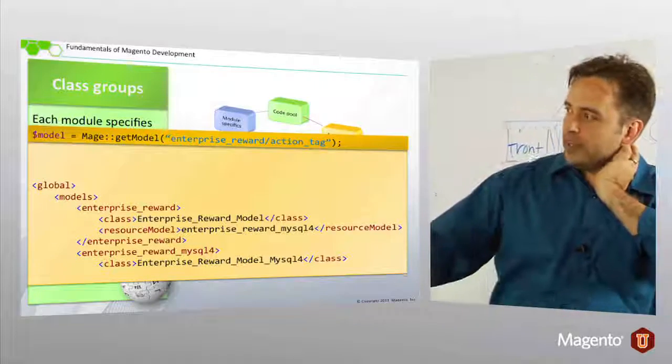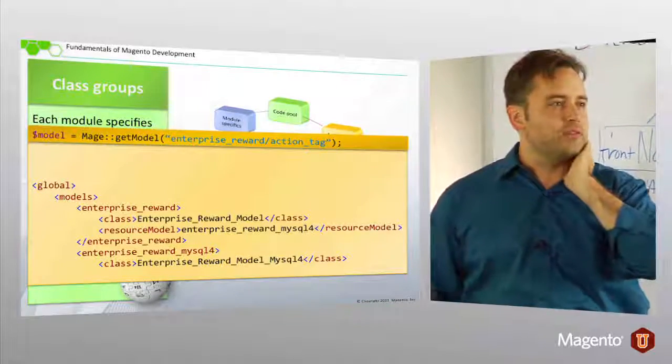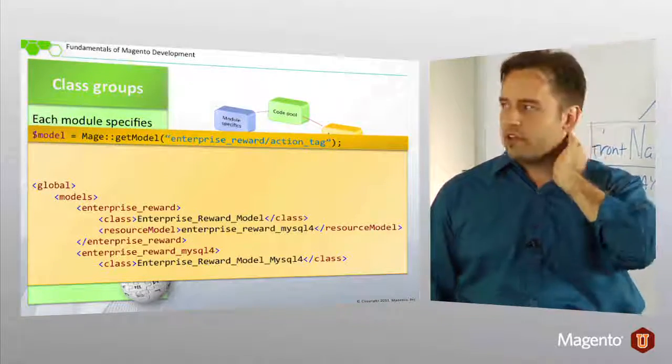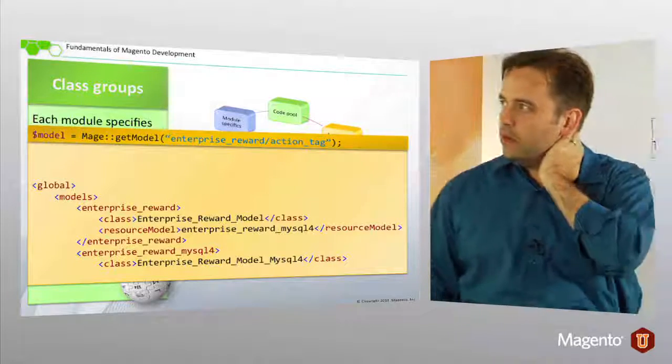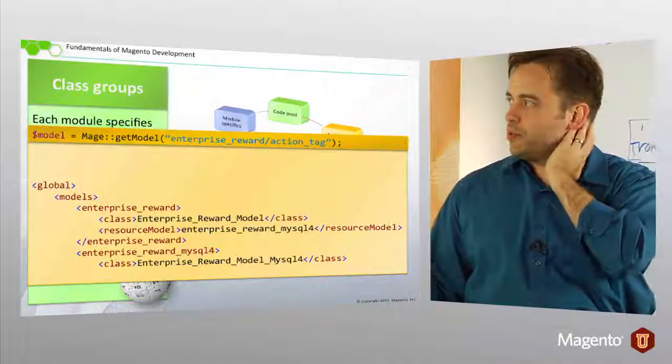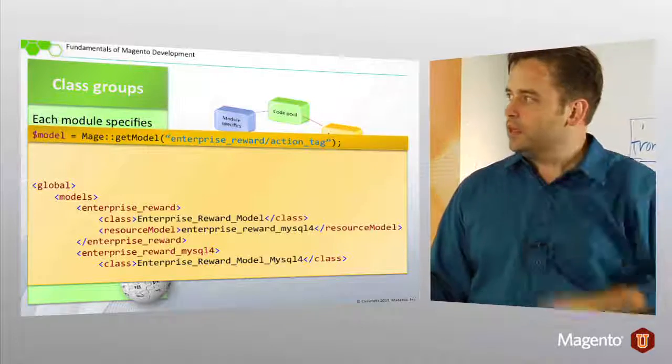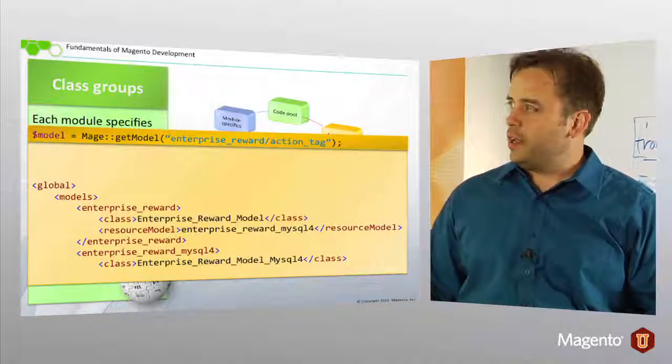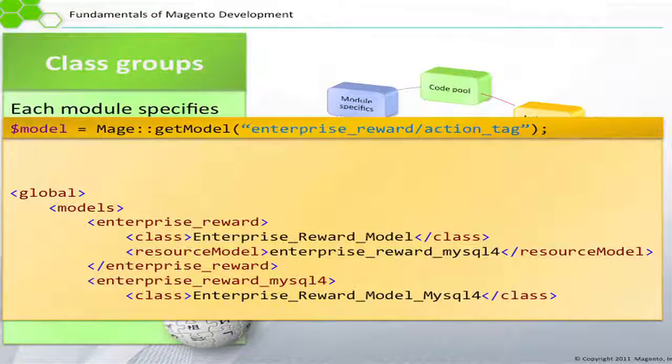For the class group, again, we'll look at one of the enterprise module configuration. So in the enterprise reward module, so in AppCode Core, enterprise reward, Etsy config.xml, we'd have a config node, and then global, models, enterprise reward, enterprise reward, enterprise reward.